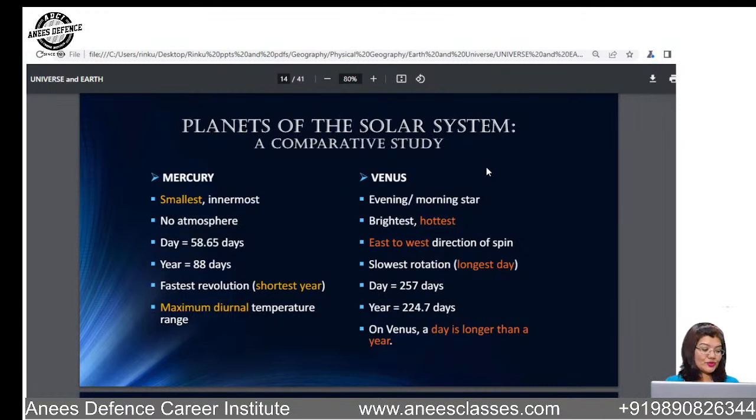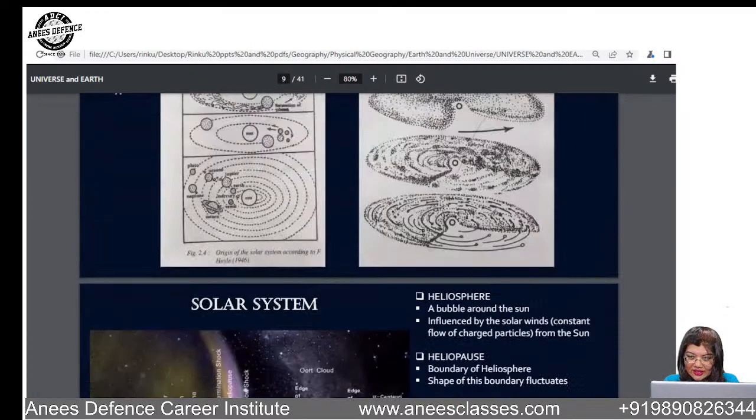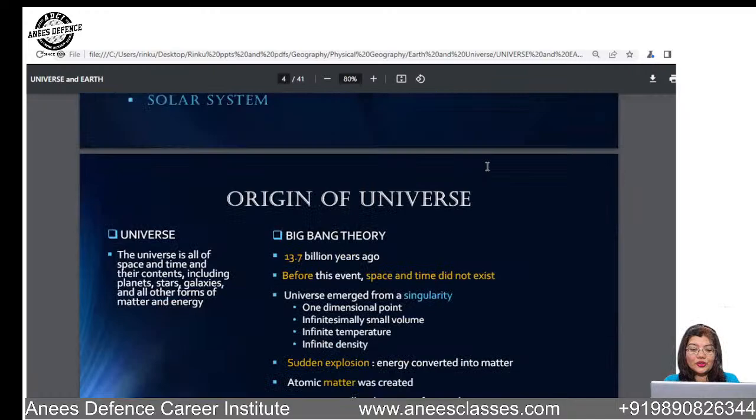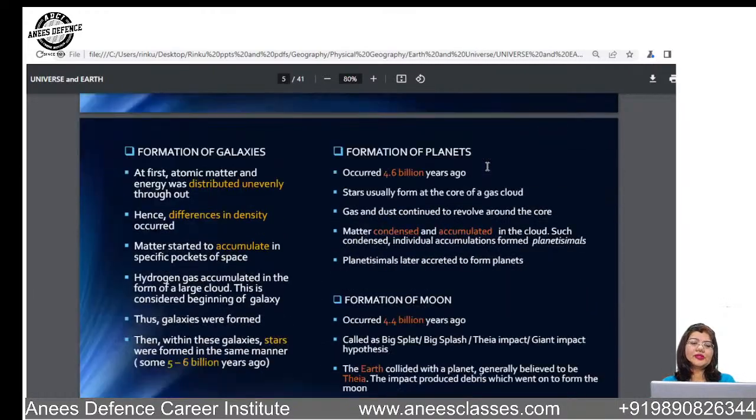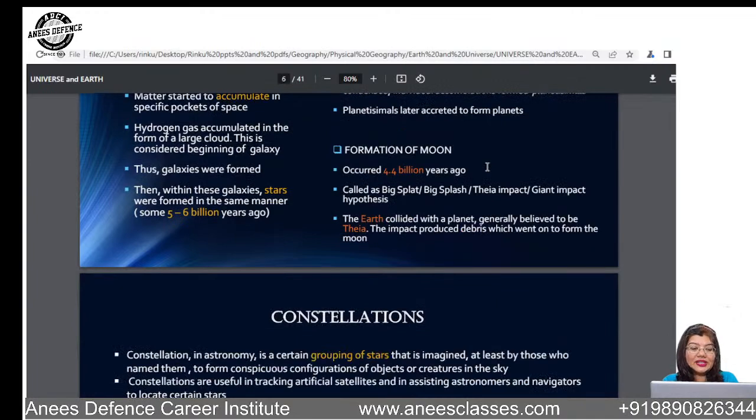This is the geography part of the GAT, and we'll just continue from where we stopped the last time. The last time we had discussed the Big Bang theory, the origin of the universe, and the process in which stars and planets are formed.